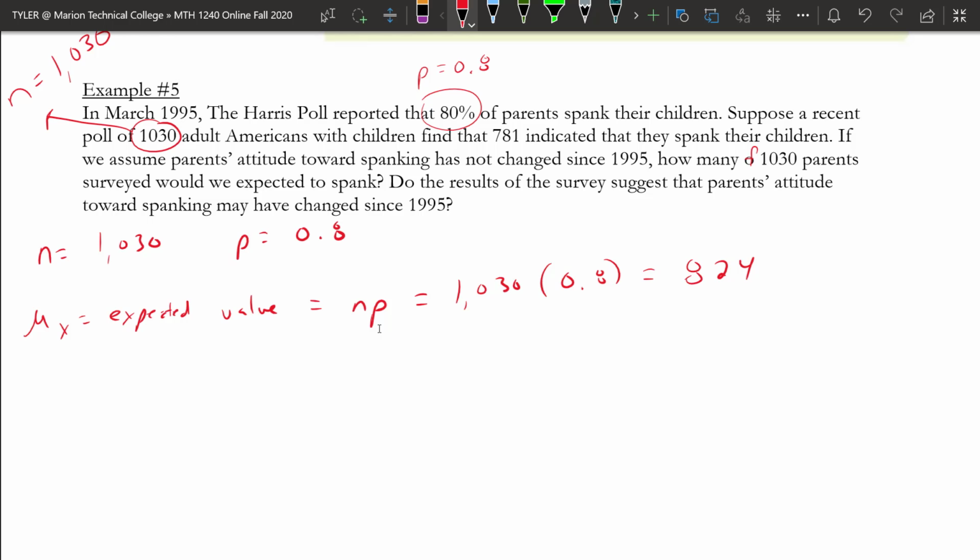So if a parent's attitude may have changed, we can think of this as like having something that's unusual. So what we would expect to happen would be that we would be within 2 standard deviations of the mean.